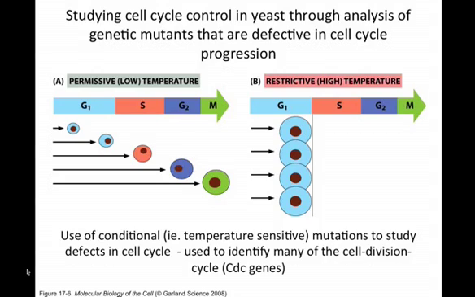Depending on which gene is mutated, it'll have a different phenotype. And so that's why they were able to use these mutants to study cell cycle. I'm going to give some examples. You'll see that there's some kind of defect in a protein required for cytokinesis, which is what I'm about to show you actually, and then you'll see that the cells at the restrictive temperature did not divide. Okay, so I'll show you this right now.